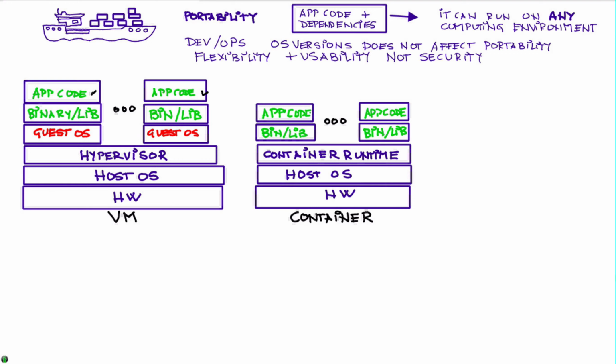In the container model, notice that the containers do not carry the guest OS. They don't run on a hypervisor, but on a container runtime that provides very weak isolation between all the resources that the hardware has.